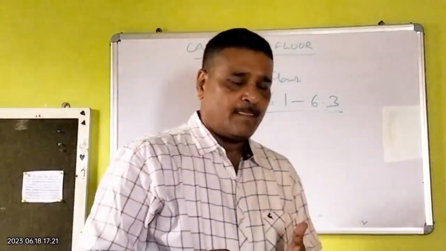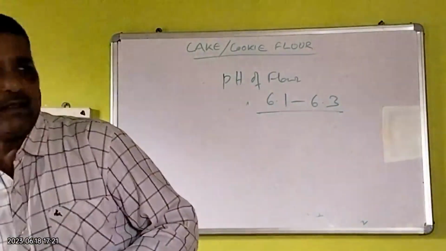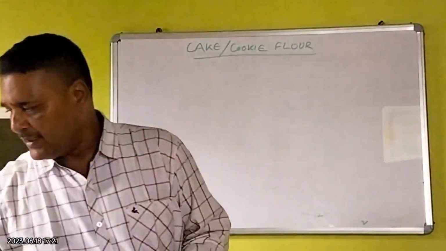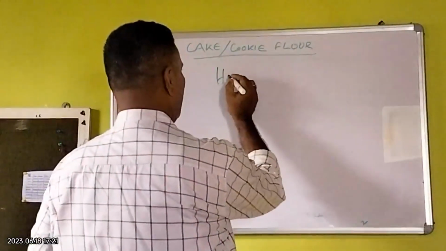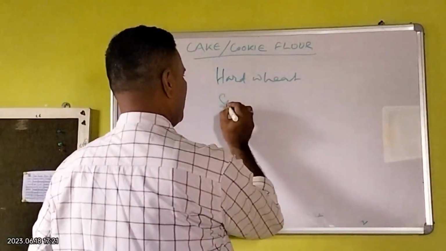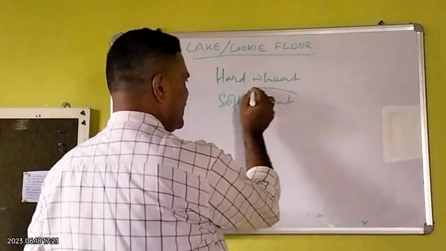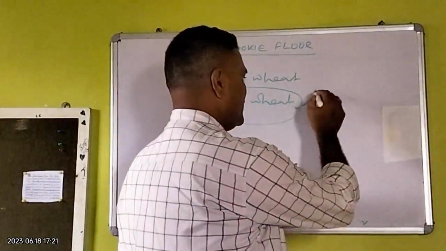Now, how can we get a good cake flour? In India, all the flour millers grind two qualities of wheat. One is a hard wheat and there is soft wheat. Our interest in cakes and cookies is this soft wheat.